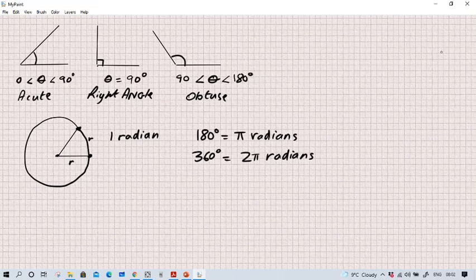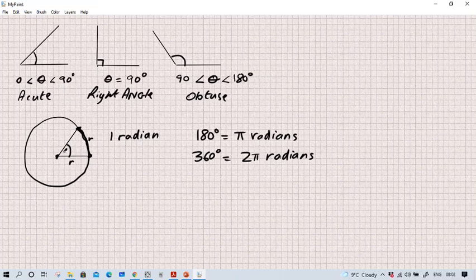Angles can be measured in degrees or in radians, and the measure of a radian is such that if I have a circle, as you see on the left here, and the radius of this circle equals r, if I extend an angle the distance of r along the circumference of this circle, then the angle extended will be 1 radian.